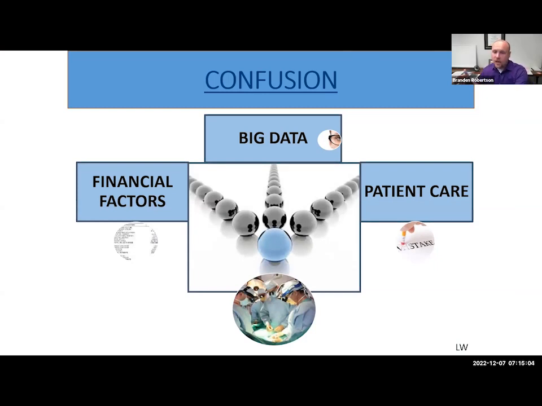I have to deliver high quality care, and I also have to understand that there's this data looking down on me, and I have to make sure that I look well there. And there are these financial factors, making sure that I have volume so that I make money and get bonuses this year. All of these things are in your mind as a provider, and will continue to be that way.